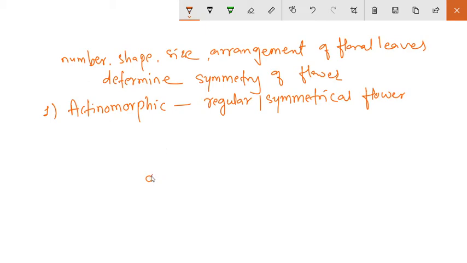On that central axis there are these five corolla, and these five are the calyx.